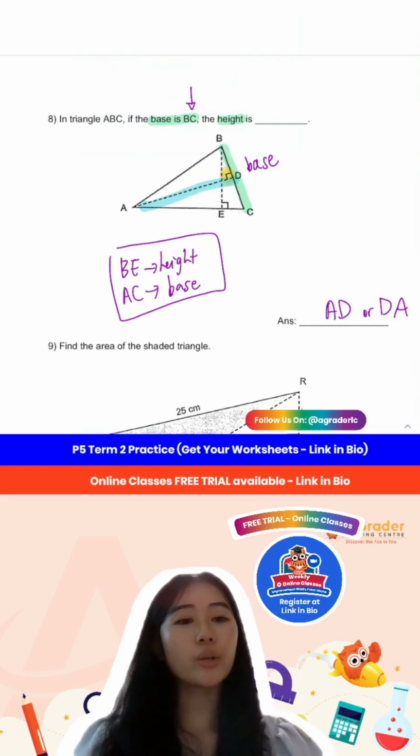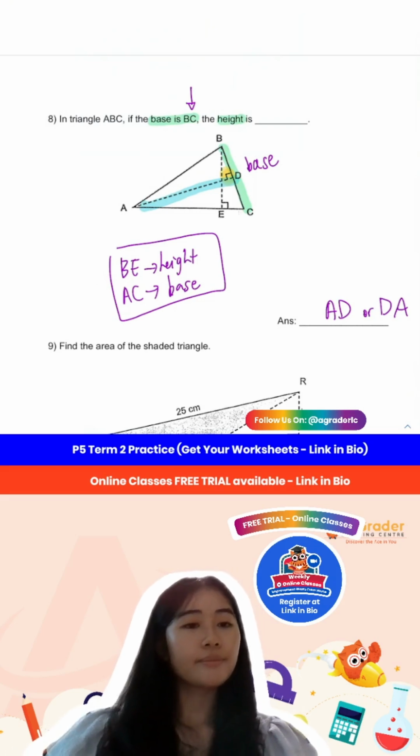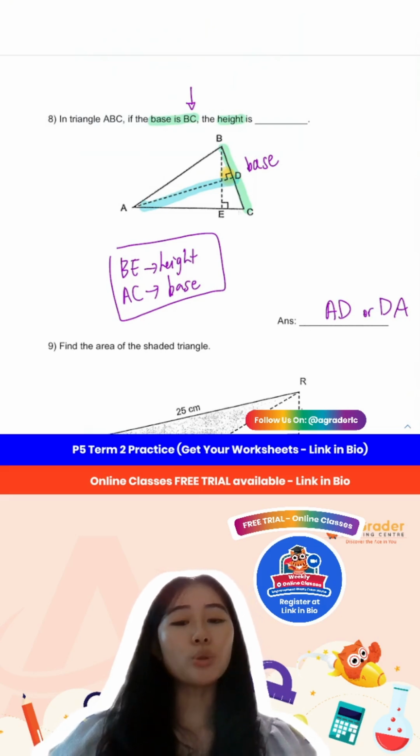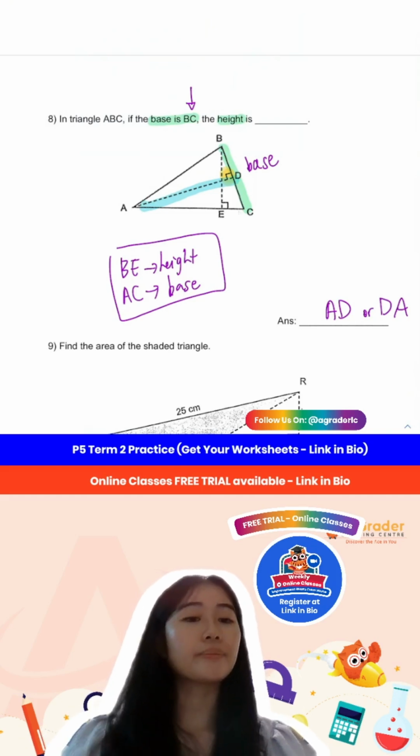So you have to read the question carefully. Some of you gave me the answer BE, I think because you missed out that they stated the base is BC.